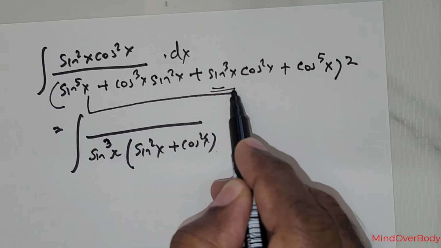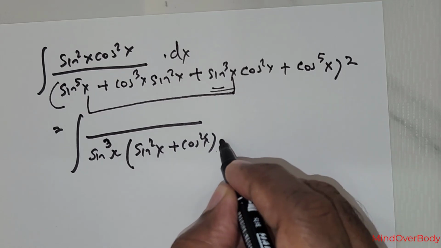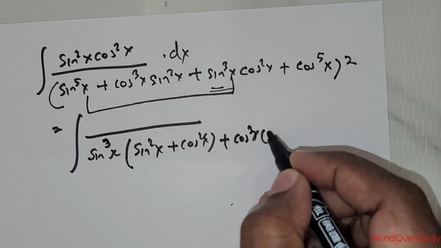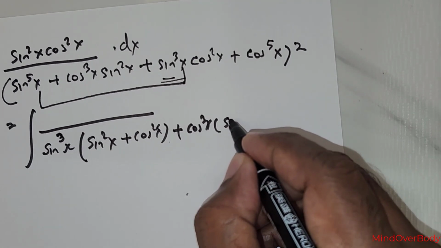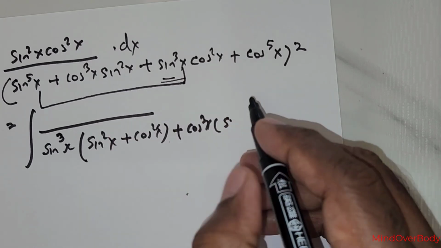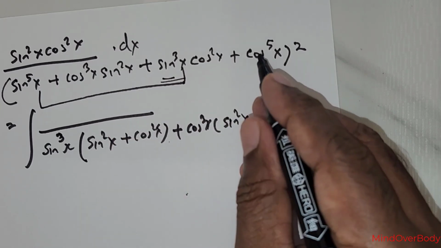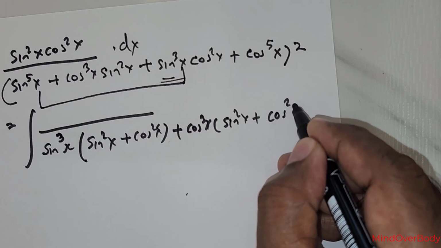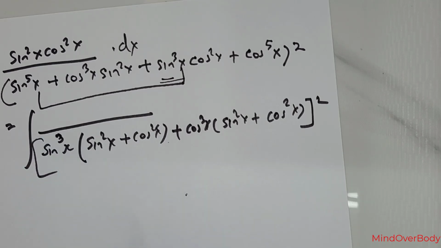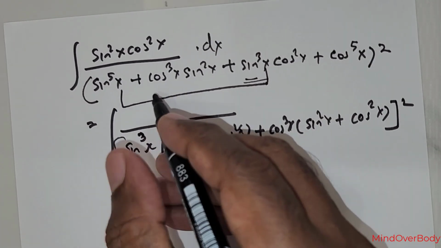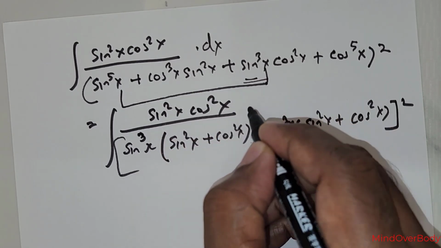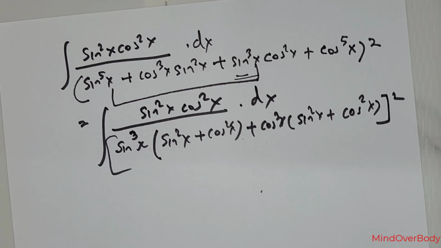So this is clubbed with this, and then I would take cos cubed x out, and I would get a sine squared x here plus cos squared x there, and this is raised to the power of 2. Okay, fair enough. And the numerator is sine squared x times cos squared x times the dx.